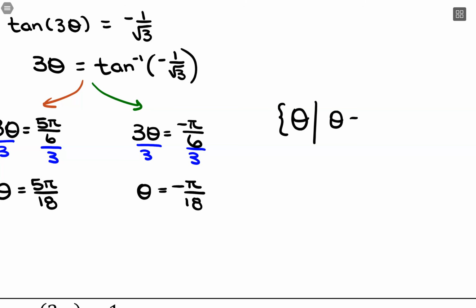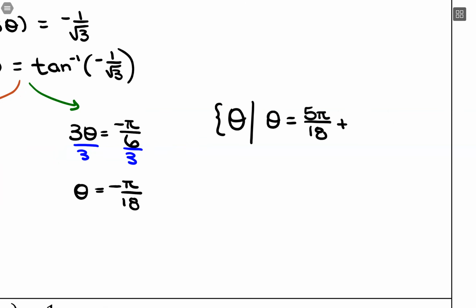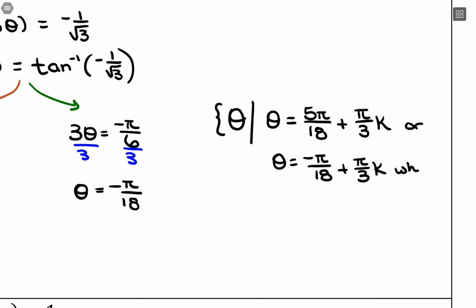So theta is equal to 5 pi over 18 plus increments of pi over 3 for that period that we're working with, or theta can equal negative pi over 18 plus increments of pi over 3, where k is an integer.